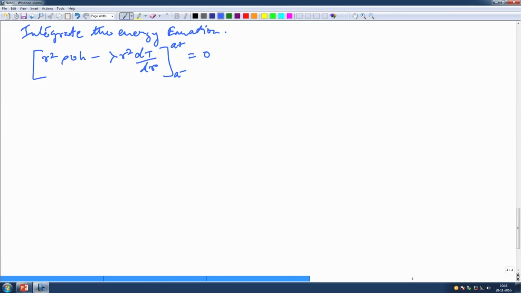It is again the integration of a similar form. Now, if we start substituting the values at A minus and A plus, what are we going to get from this? Just follow the terms. There are two lambda A square terms.